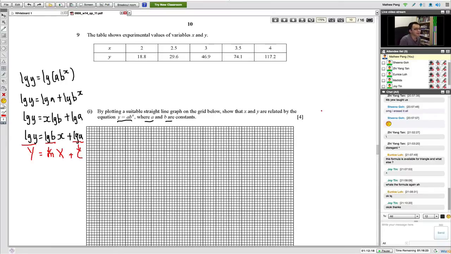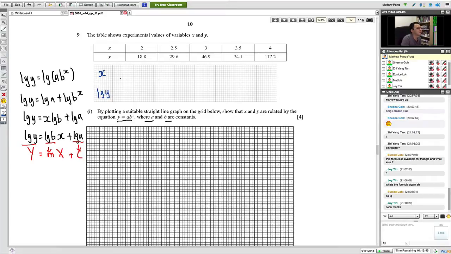So over here, I know I need to form a table. Just let me roughly use this one. Do you see the small graph paper I dropped? Anyway, it's not important. I will form a new table, where my x just remains x, and my y is now log y.